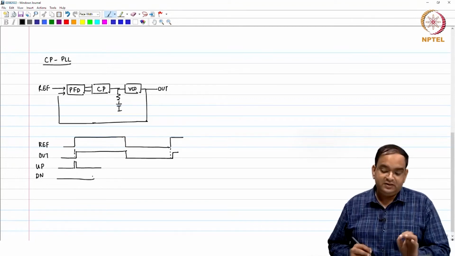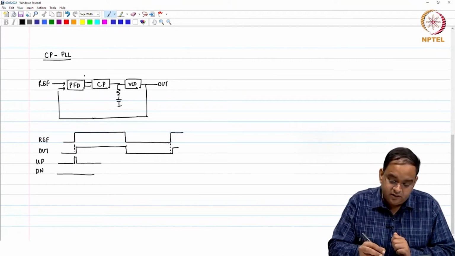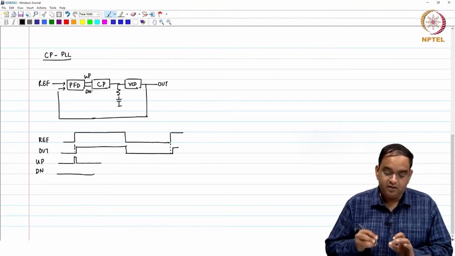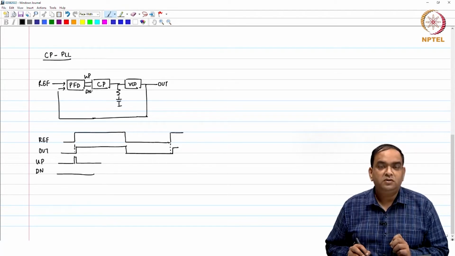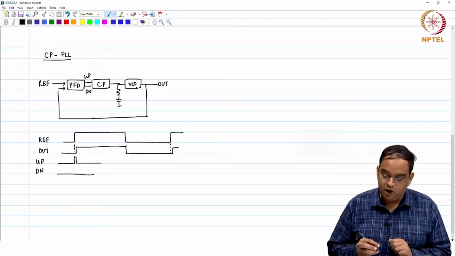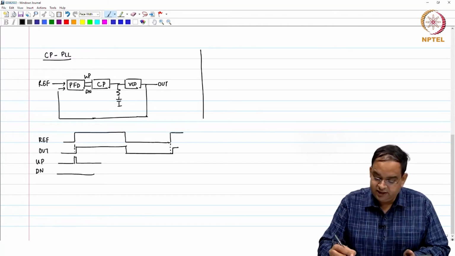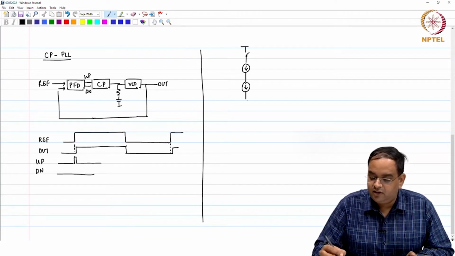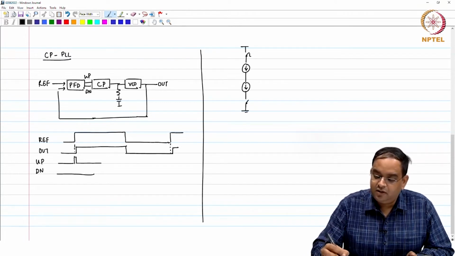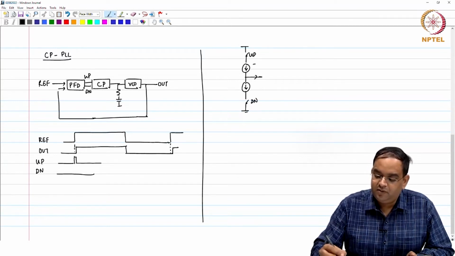The problem with this kind of PFD is the following: when we use this up and down signal to clock our charge pump. Where was our charge pump? Our charge pump was something like this, where we have the switches, and this is up and down, both are ICP.